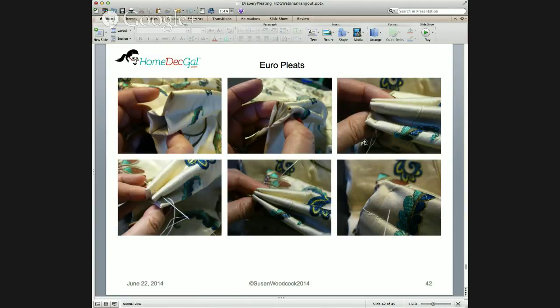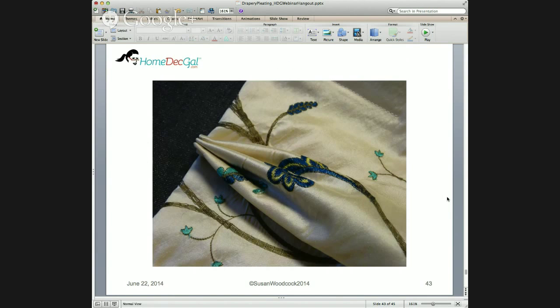So you're sort of doing a stab stitch, and then back again where you started from, and then you'll have a little place there where you can grab some threads, create a knot, stab through, and then trim your thread off, leaving the tail inside. And there's a Euro pleat.